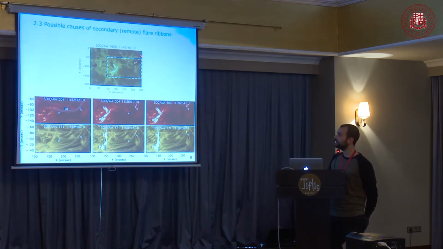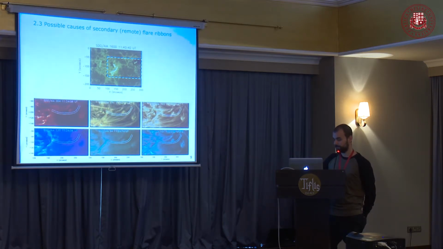If we see only this region, this is R1, 2, and 3, and this is C1 outlining a loop, we see kind of a flow-like structure here and here that later on approaches R3, and when it arrives at R3, R3 is generated. We also observe it in 131, in 171, and in the rest of the channels.